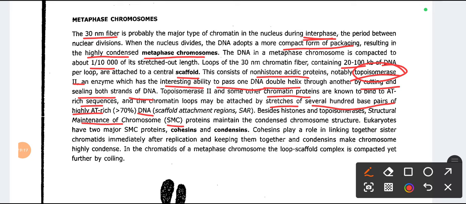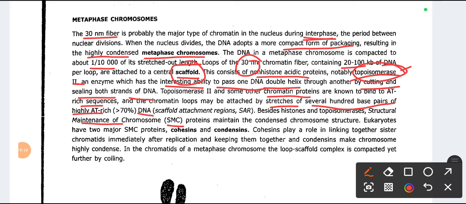So how did we understand this? First is the 30 nanometer fiber, which then attaches to the scaffold. Topoisomerase comes into play and helps one DNA helix pass through another, so more condensation occurs.